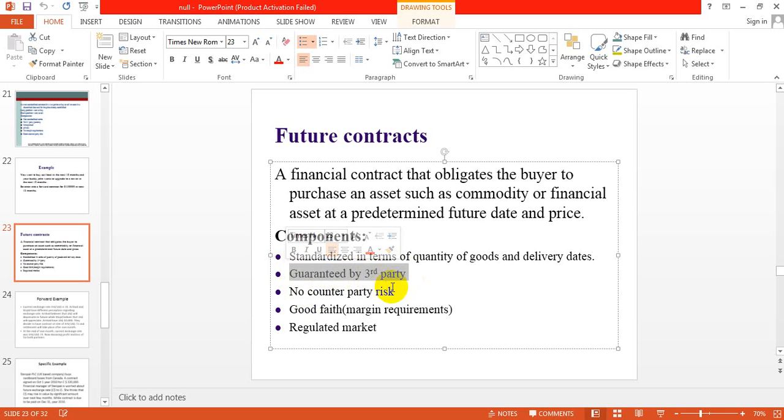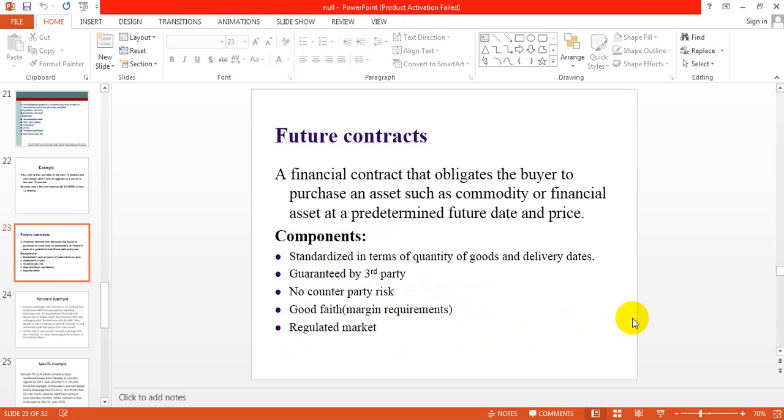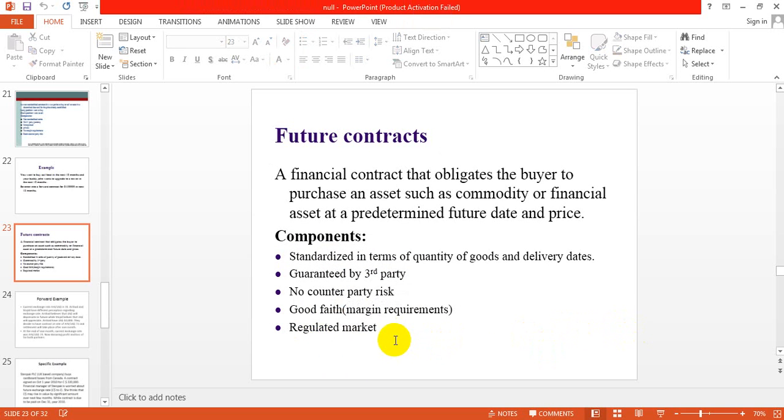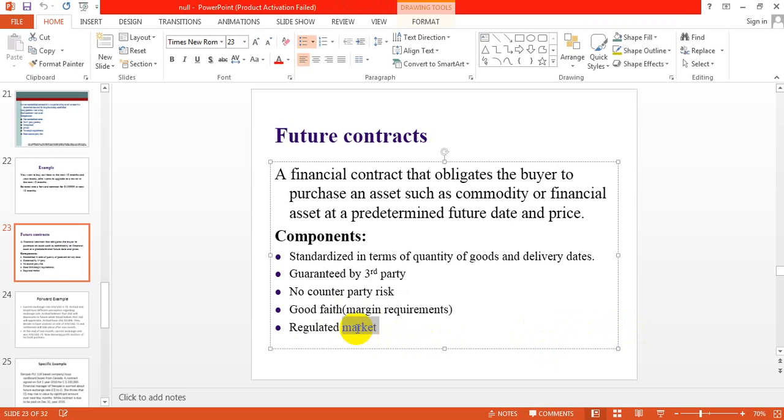So this will reduce the chance of counterparty risk. It is a regulated market, and there are specified rules and regulations. So the market of future contracts is basically a regulated market. There are laws regarding future contracts, but there are no laws regarding the forward contract.